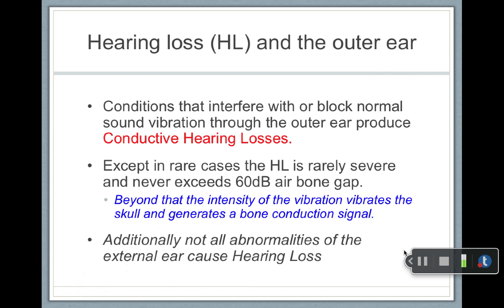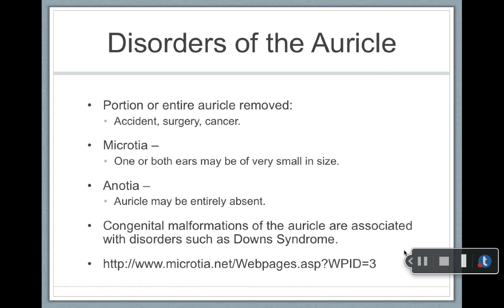Okay, so remember I said a hearing loss in the outer ear produces a conductive hearing loss, and it's rarely severe. And not all abnormalities of the external ear necessarily cause a hearing loss. There could be disorders of the auricle, so the entire auricle may be removed, for example, by an accident, a car accident, or burn, surgery, cancer.